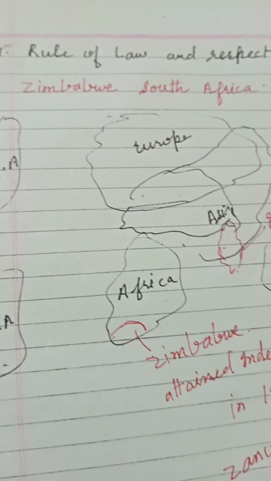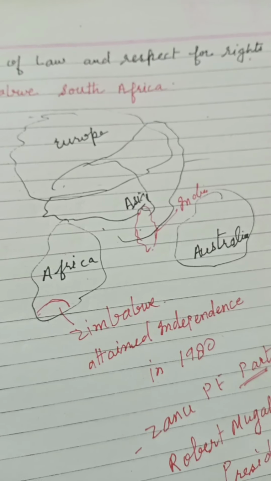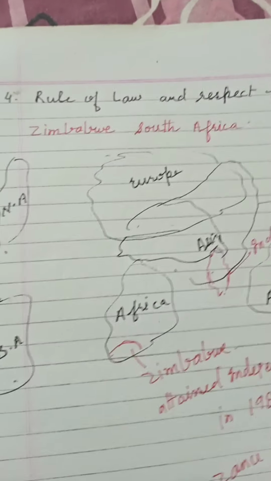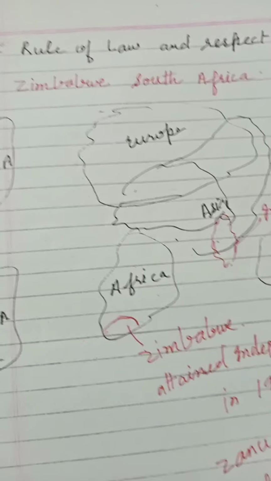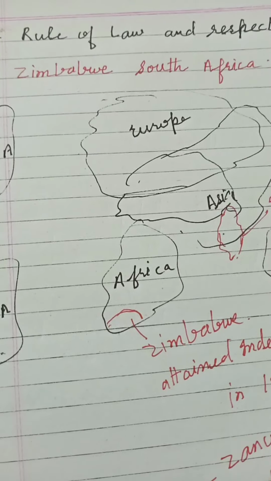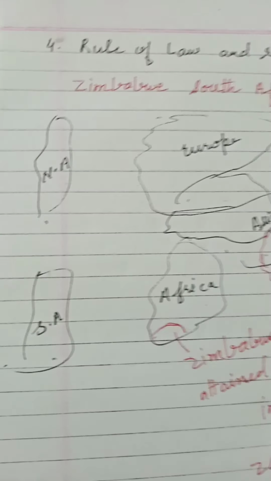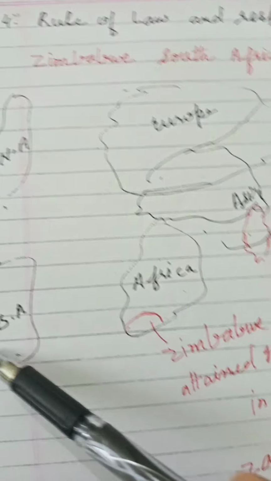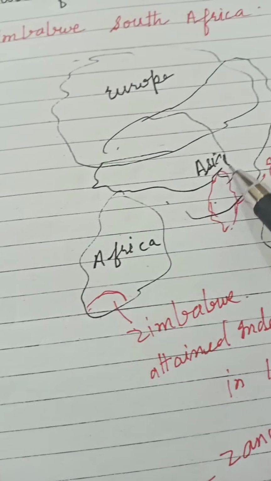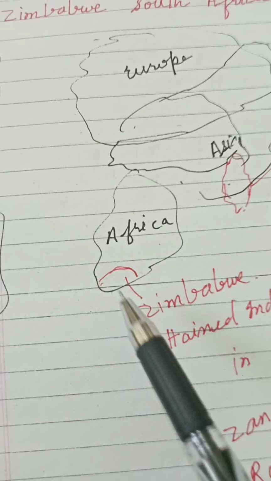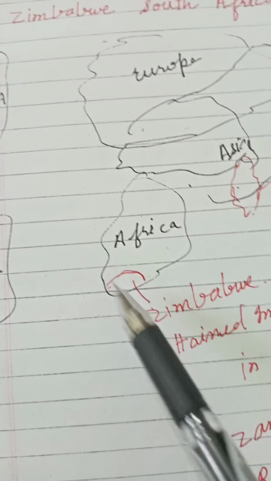In the fourth one, rule of law and respect for rights. Here we will take an example from Zimbabwe. Where is it located? This is North America, South America, Europe, Asia. It's located in the southern part of Africa.